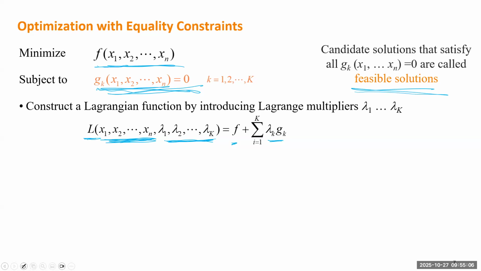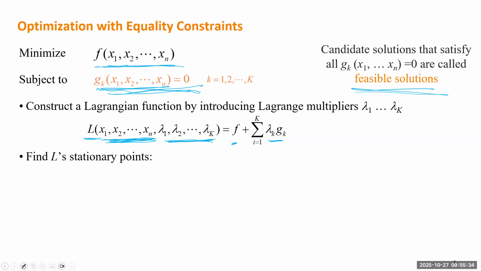The lambdas have another name: they are called the Lagrange multipliers, lambda 1 to lambda k, where k is the number of constraints you have. Starting from now, we can find the stationary points of this new cost function, and then compare which one gives us the minimal cost. That will be the final solution of our problem.